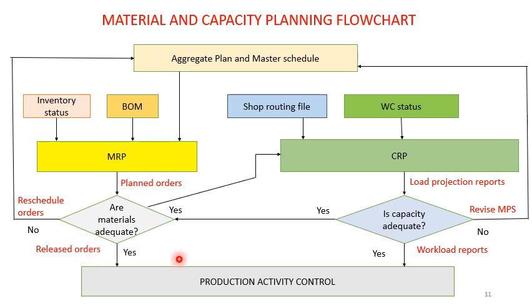So this entire flow chart will give you an essence of how MRP, the inputs to MRP, outputs of MRP, what CRP is, and the relationship between MRP and CRP. In general, this snapshot of the flow chart will give you an idea of all the terms which I have used so far, especially the inputs and outputs of MRP, which are very important, and how you can restructure your entire process by sending it back.